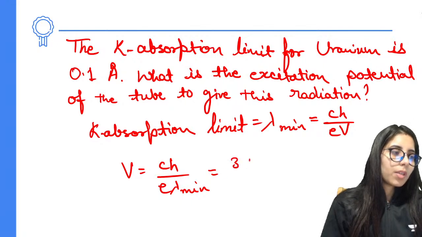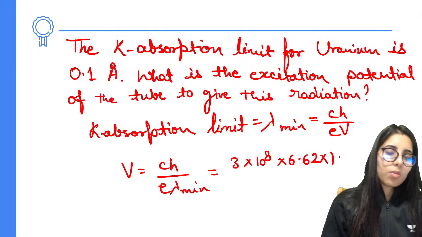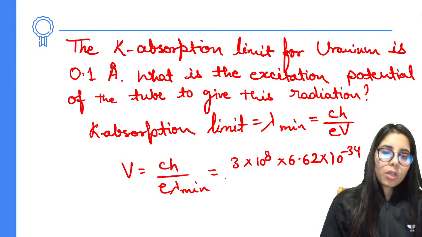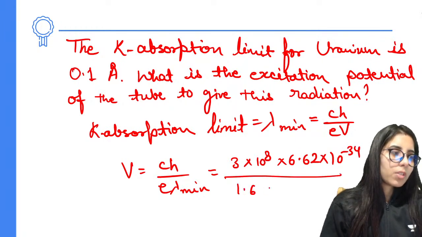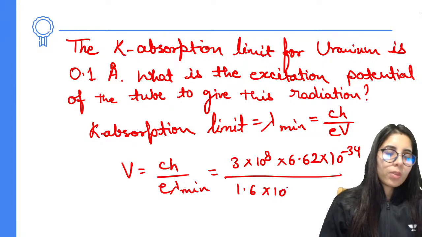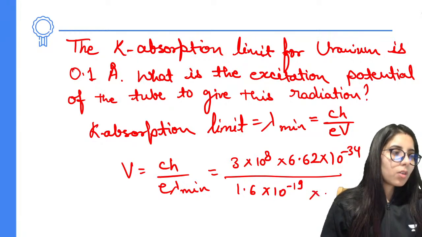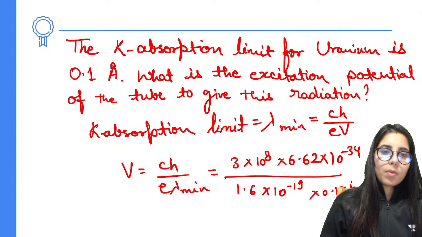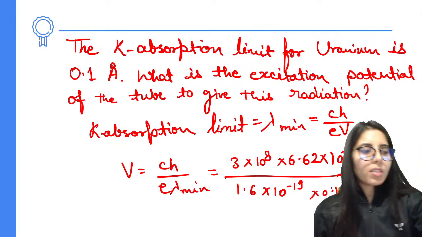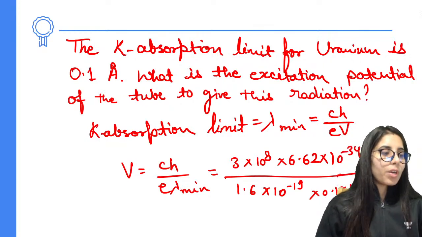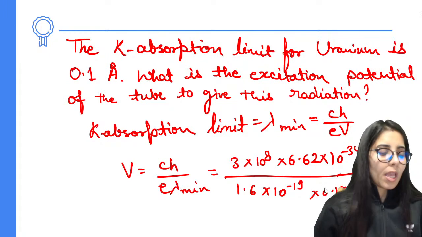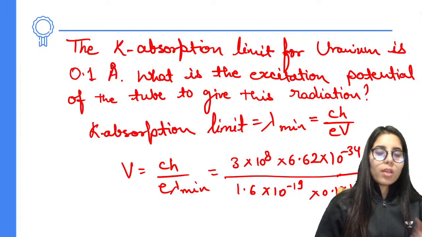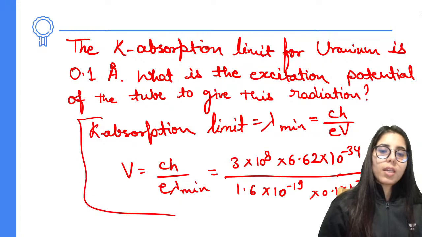That is 3 into 10 to the power 8 into 6.62 into 10 to the power minus 34, divided by 1.6 into 10 to the power minus 19, into 0.1 angstrom, which is 10 to the power minus 10. Simplifying, you will get approximately 124 kilovolts, and this will be your right answer. So only one formula you are going to use here to get the answer.